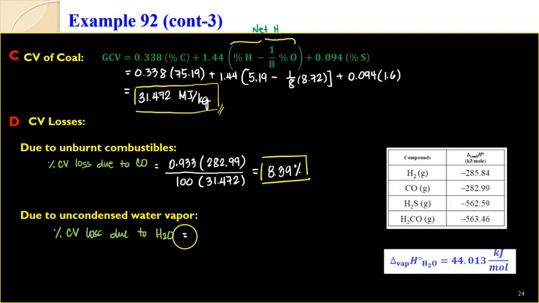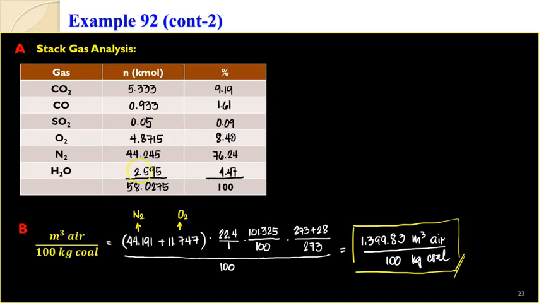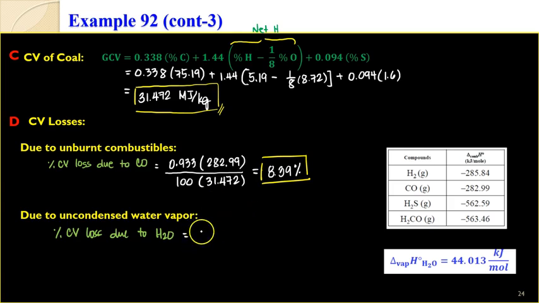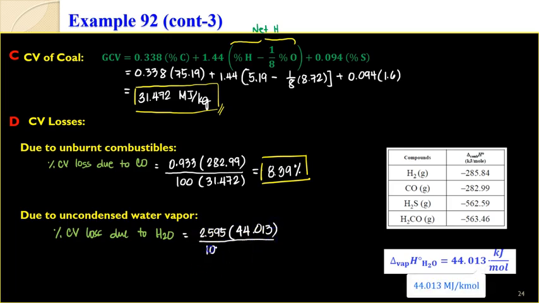In here, you'll have how much water was formed: 2.595 from the table, multiplied by 44.013 divided by 100 kilograms, and then 31.472.